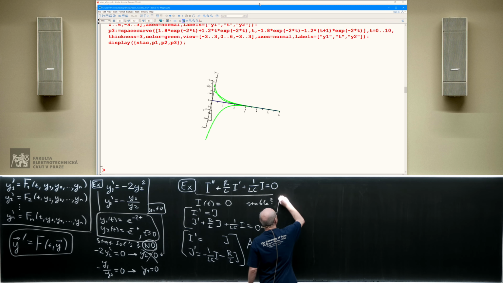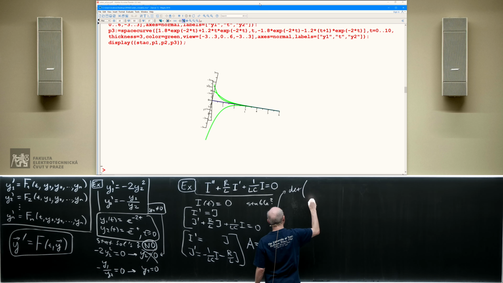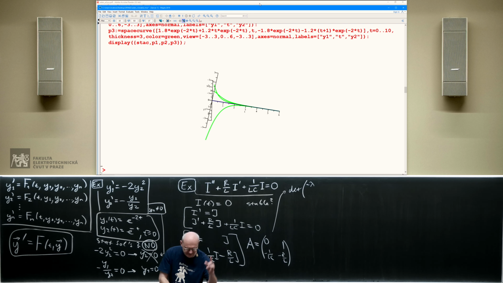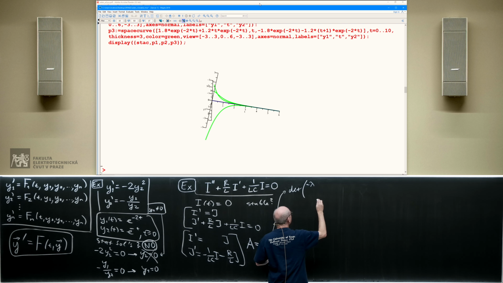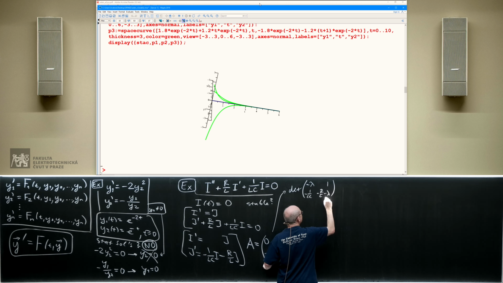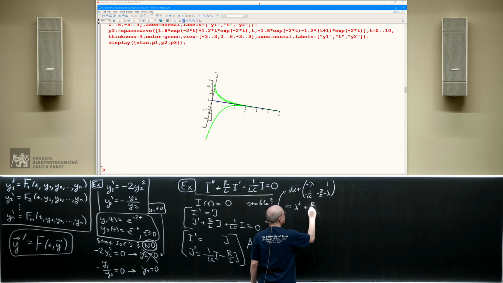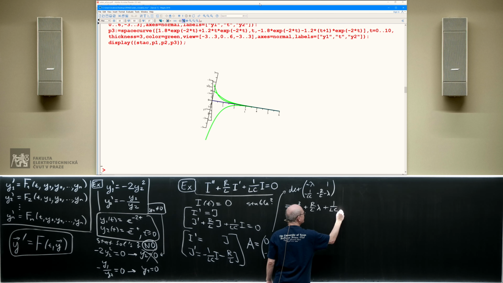So I'm checking on the determinant of the matrix minus lambda, 1, minus 1 over LC, minus R over L minus lambda. How much is it? I have to take the product here, I pull out all the minuses, and it becomes lambda squared plus R over L lambda, and I will subtract this product, and it ends up with plus sign.